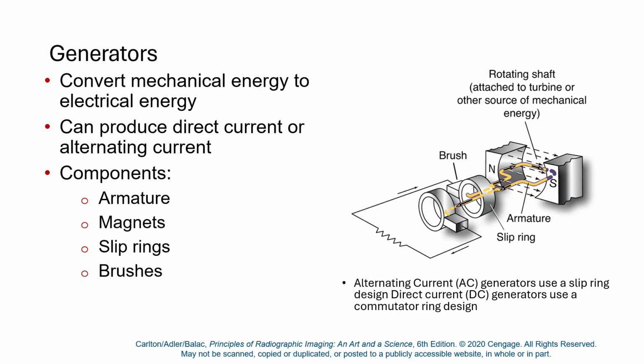Okay. Generators. Generators will convert mechanical energy to electrical energy. They can produce direct or alternating current. You don't need to know about generators for the registry other than generators can produce either type of current.